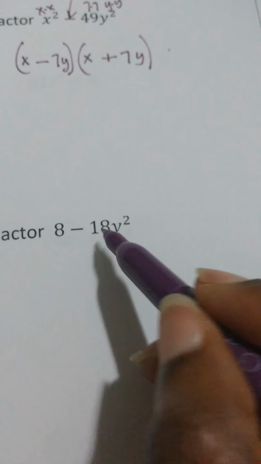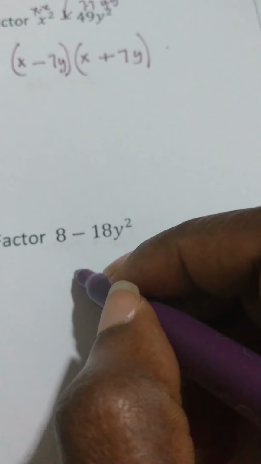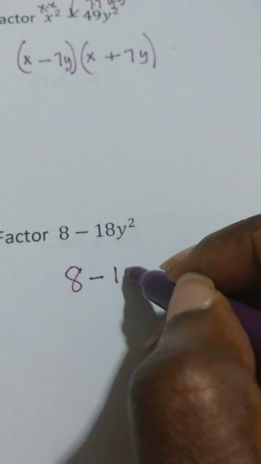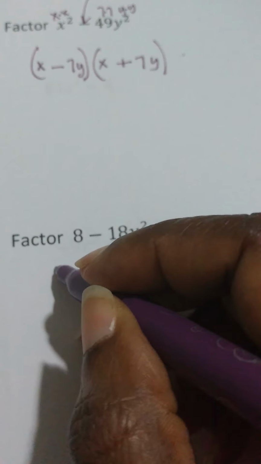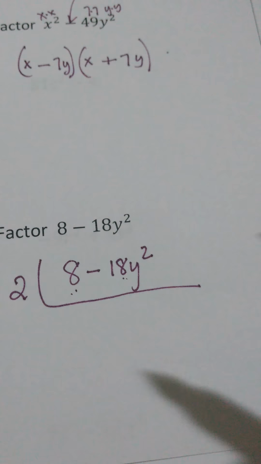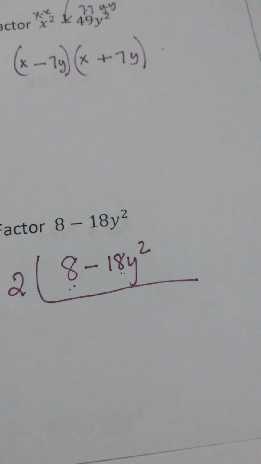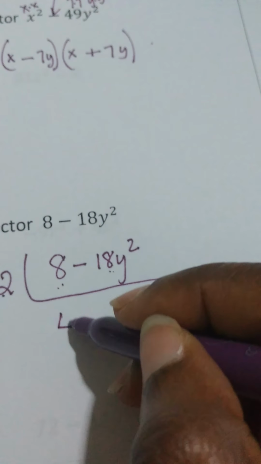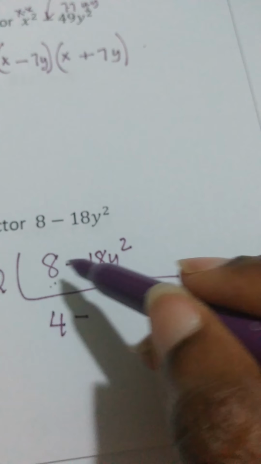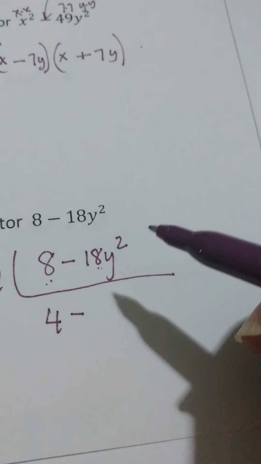So 8 and 18, what do they have in common? I can actually pluck out a 2 because both my numbers are even. So 2 goes into 8 4 times, and 2 goes into 18 9 times.